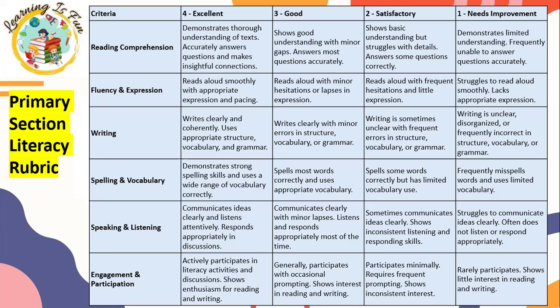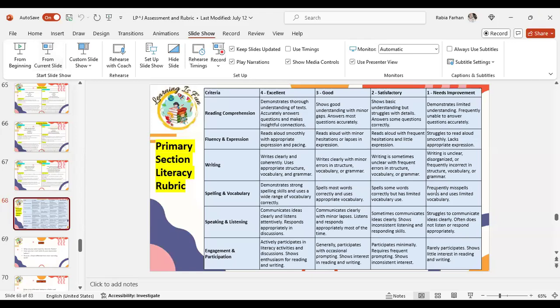In fact, I'll show you some of the rubric samples. Do let me know, because I have shared only one screen, whether my other screen is clear or not. Can you see my screen?